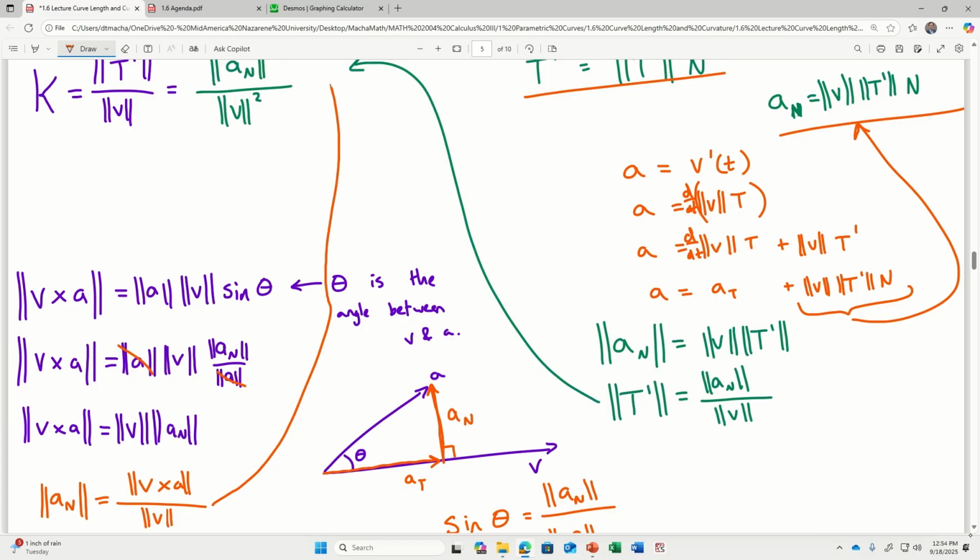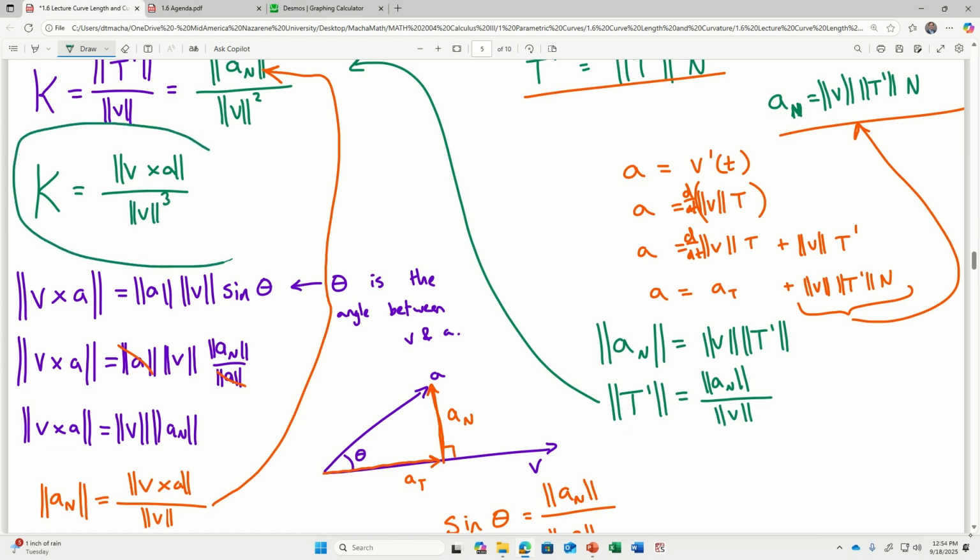We're going to plug this in right here. And now, having done so, I get the norm of V cross A divided by the speed cubed. And this is the shortcut formula we wanted to find.